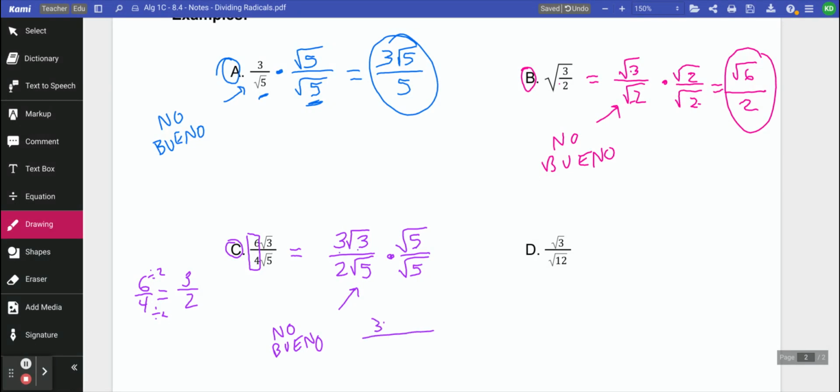Radical 3 times radical 5 is radical 15. On the bottom of this fraction, we have 2, and then radical 5 times radical 5 is regular 5. So this ends up becoming 3 radical 15 over 2 times 5, which is 10. Can't simplify 3 over 10, so we are good to go.